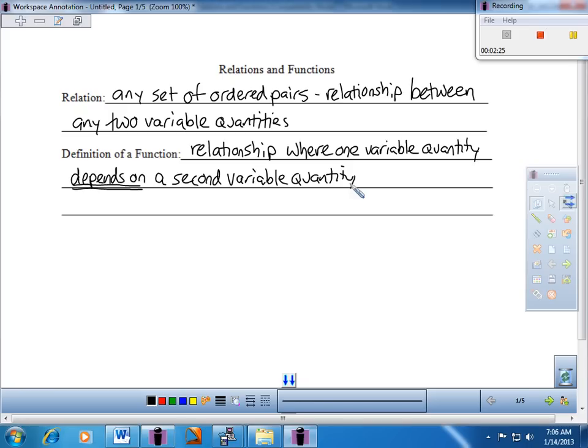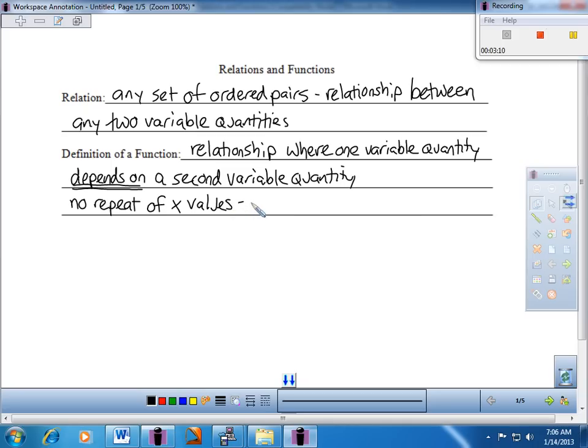Now mathematically, this is probably something you've seen way back in Algebra 1, looking at a set of mathematical data and deciding, hey, does this represent a function or does it not? If you remember correctly, there would be no repeat of the x values. That's as basic as we can get when talking about the definition of a function mathematically, that the x's can't repeat.